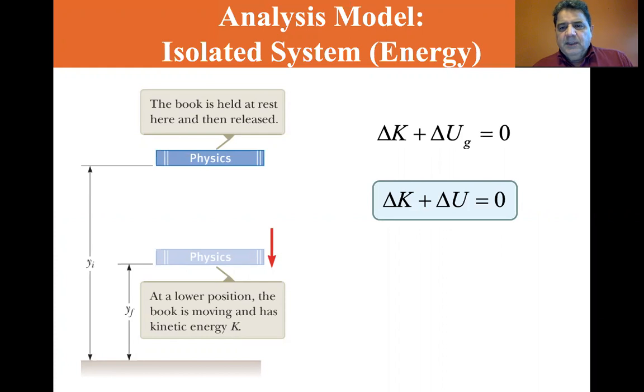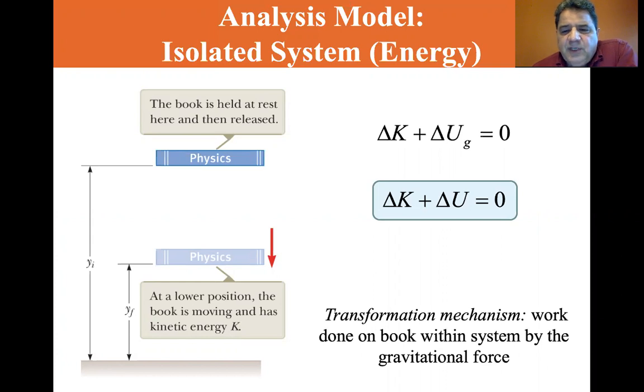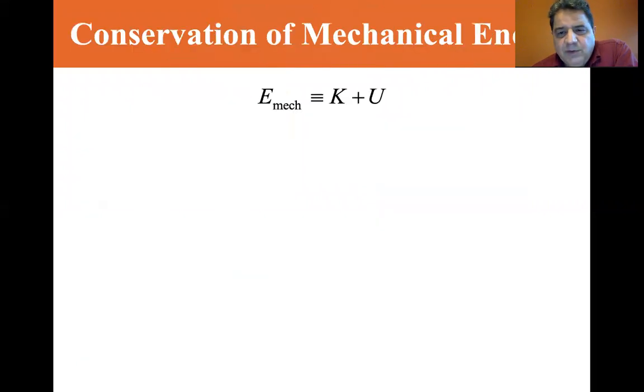In this particular case, the equation above is gravitational potential energy, but it's really any kind of potential energy. It could be spring potential energy. The change in kinetic energy plus the change in potential energy is equal to zero. So the transformation mechanism is work done on the book within the system by the gravitational force.